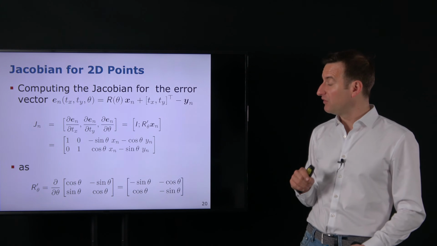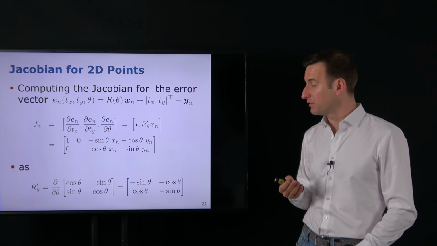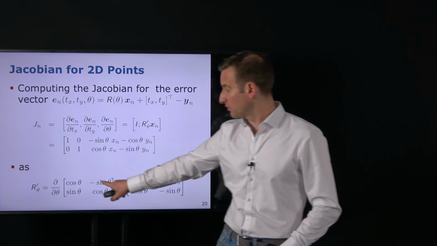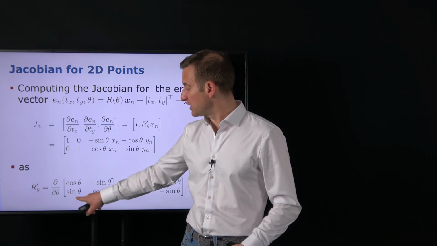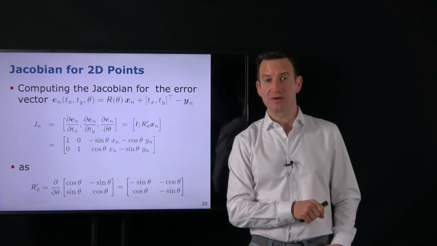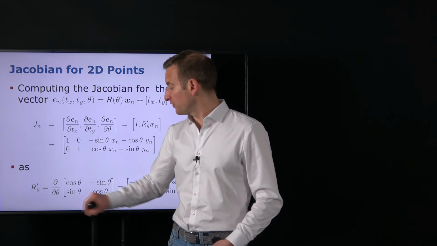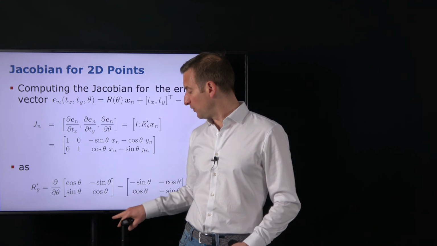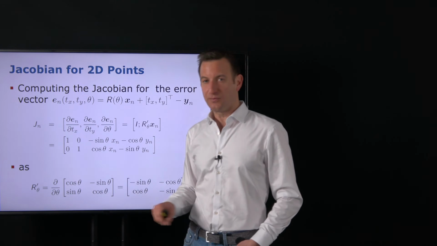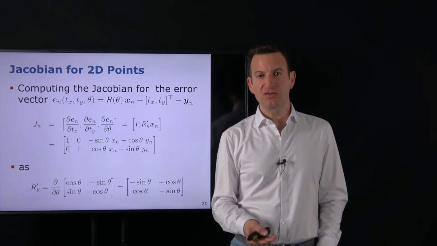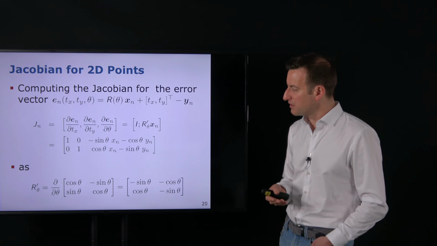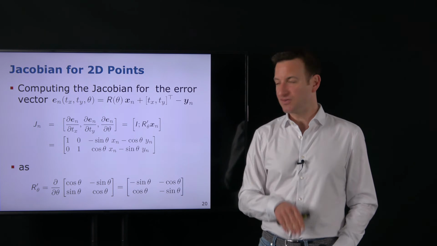You can see this very easily if you compute the first derivative of your rotation matrix. So you take your rotation matrix, this is a standard 2D rotation matrix describing rotation around theta, and you compute the first derivative with respect to theta. That means we compute the partial derivatives of those 4 entries. So the first derivative of cosine theta with respect to theta gives us minus sine of theta.